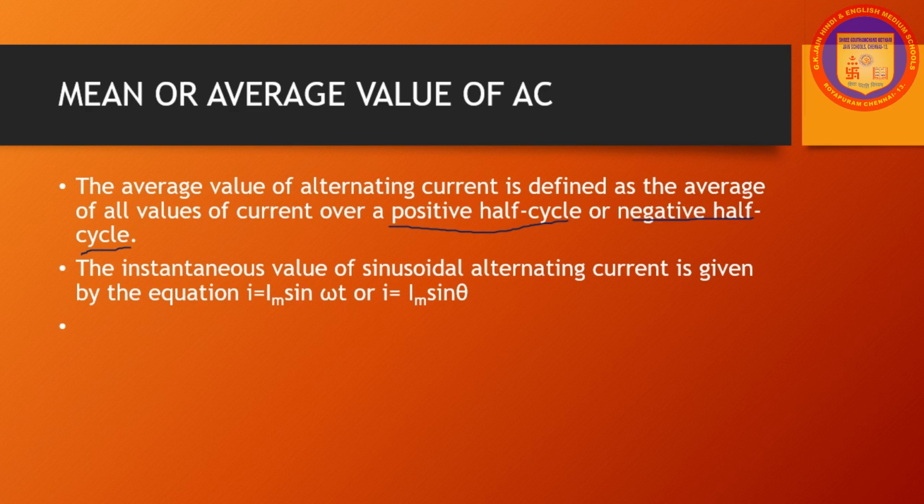That's why the definition is given as the average value of alternating current is defined as the average of all values of current over a positive half cycle or negative half cycle.